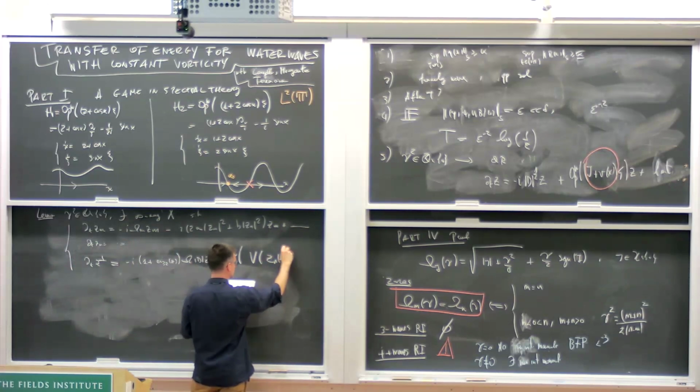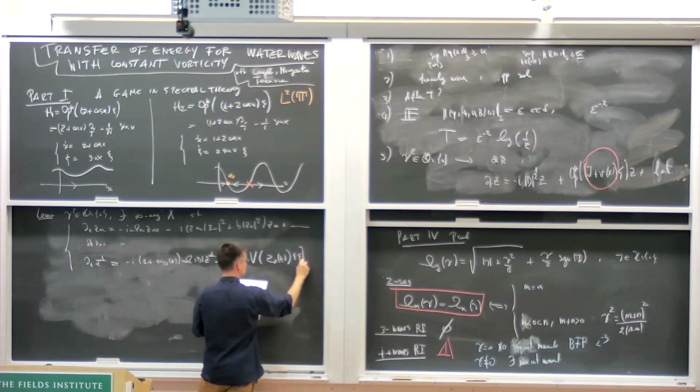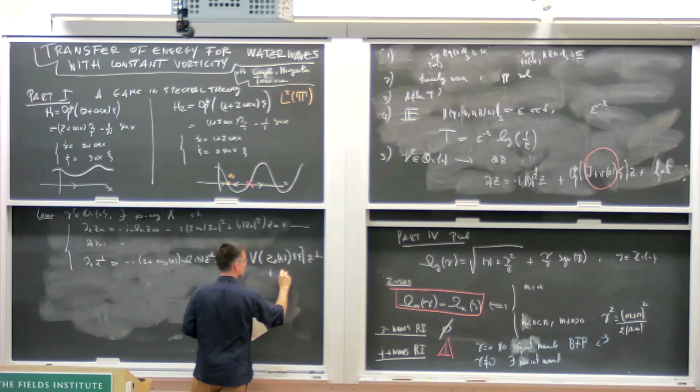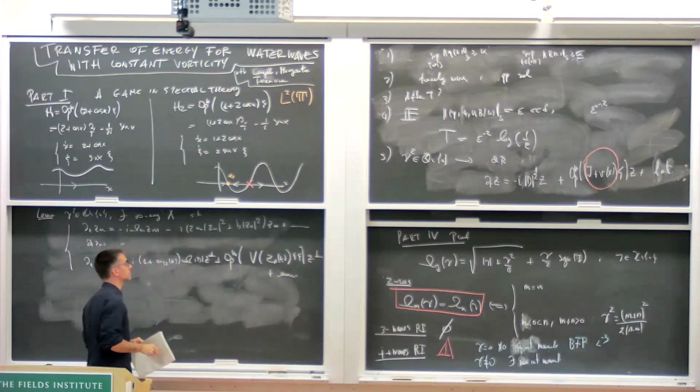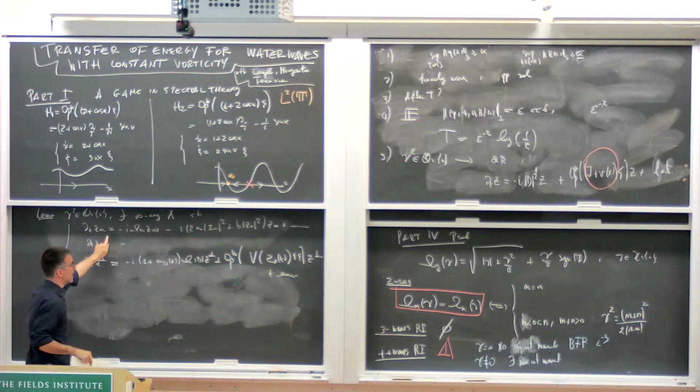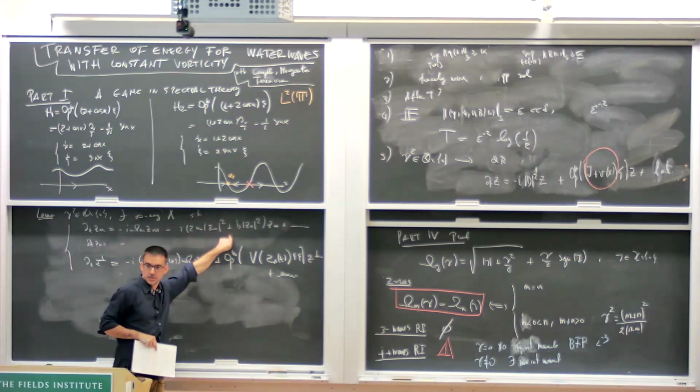This will depend just on z lambda, z perp, plus error. Fantastic. So what you do now is you solve this, but now you get a correction. So now you can solve this at cubic order.